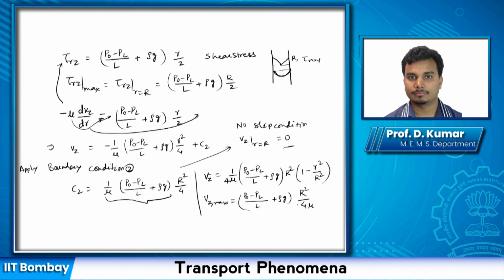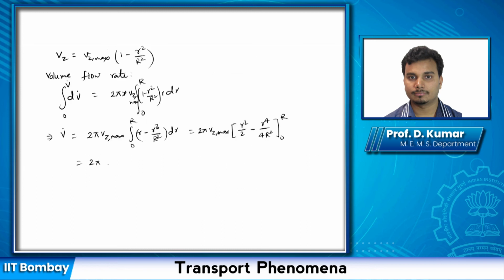So that becomes 2 pi Vz max. We can substitute this, but before we do that, let us just evaluate this. This will become easier. It will be R squared by 2 minus R to the fourth by R squared over 4, so that becomes R squared by 4.